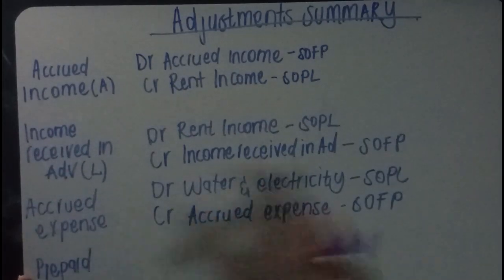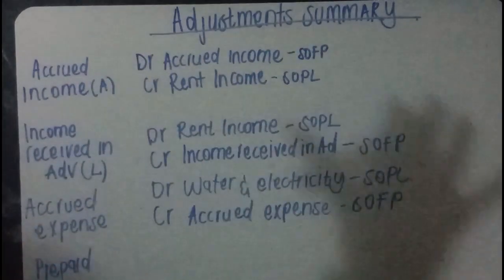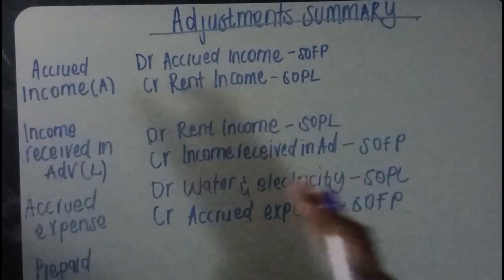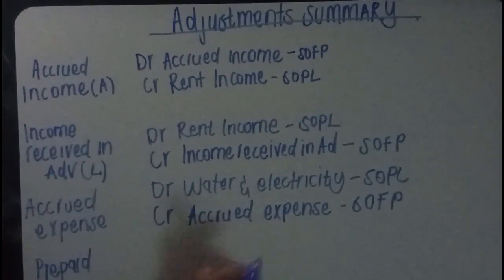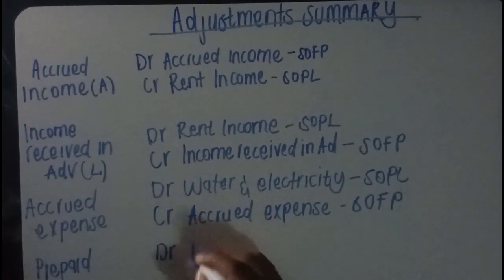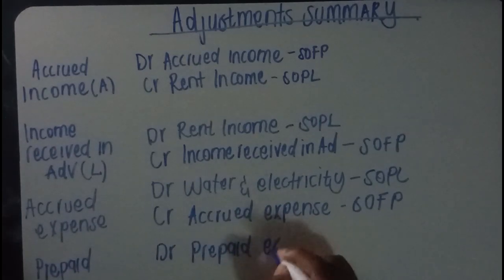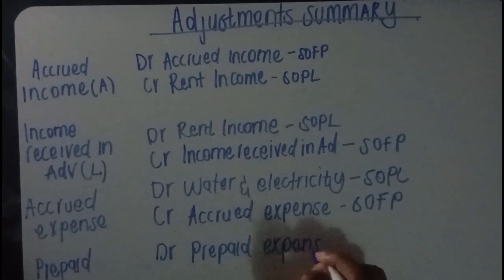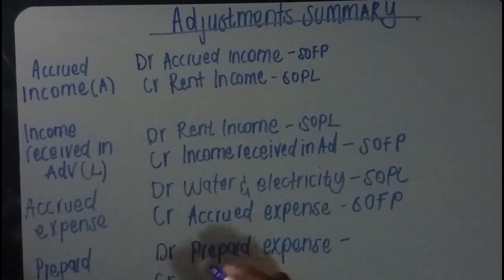So it will be an asset, because anytime you can call them and be like, dude, I want my money, I'm changing the company that I'm working with, I don't want to work with your company anymore. So it's an asset. So you're going to debit prepaid expense, and then you're going to credit your water and electricity.